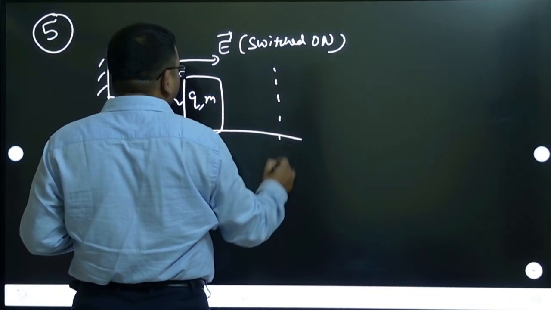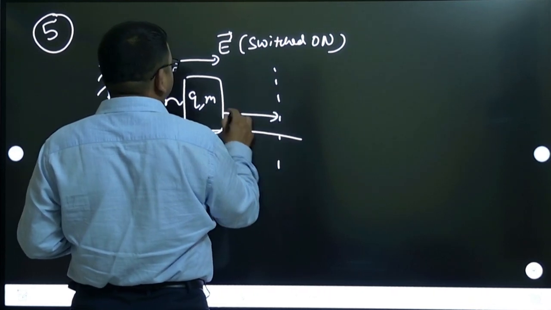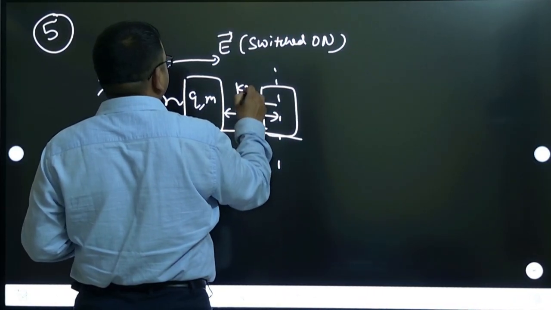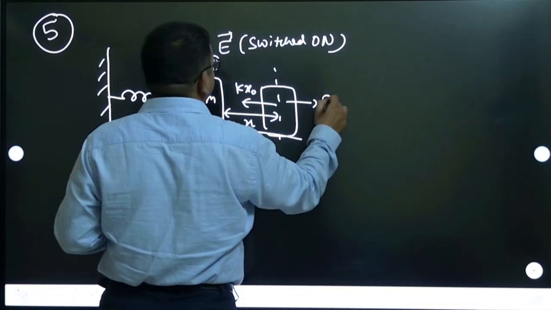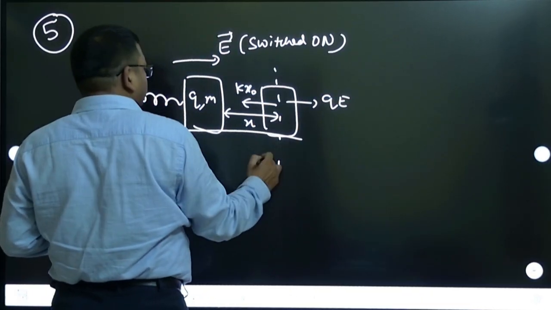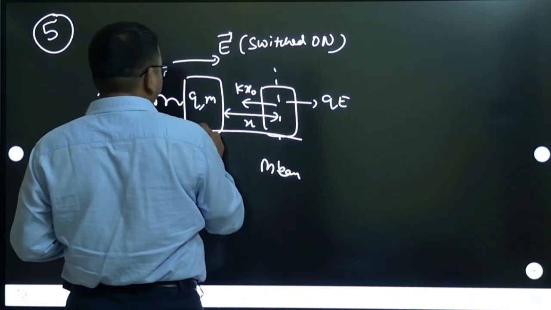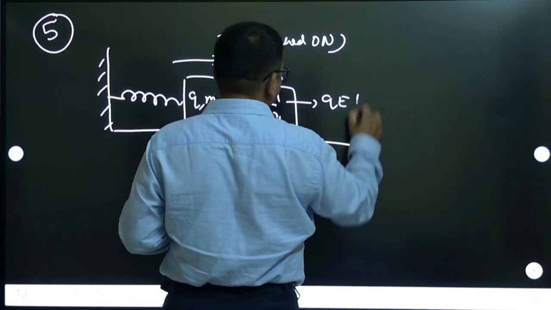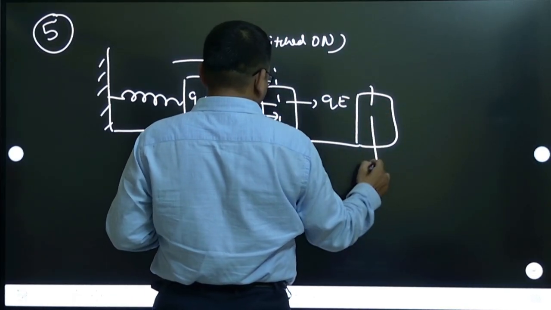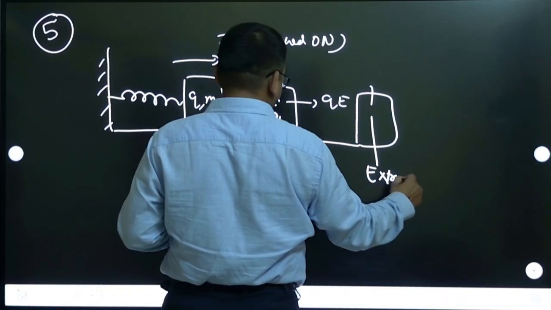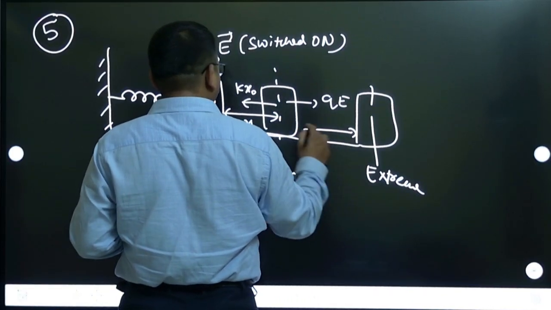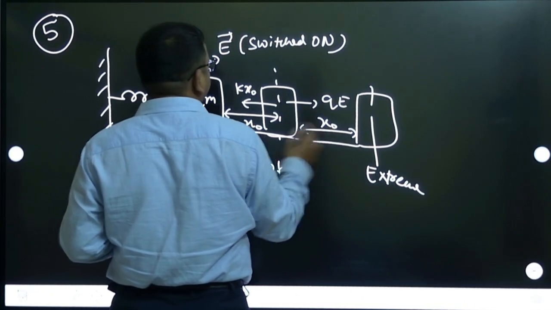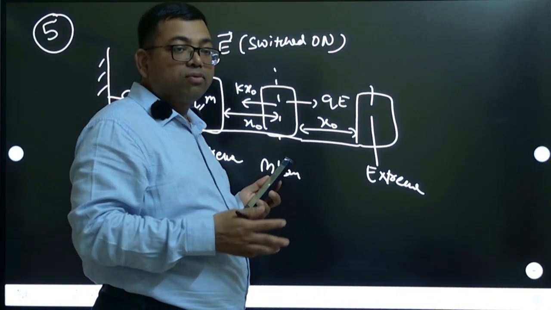Let this distance be x naught, and in this mean position the spring force k x naught balances q into E. This is the mean position, this is an extreme position, and there will be another extreme position on this side. This distance is also x naught, so these distances x naught are equal. This is called the amplitude of oscillation.